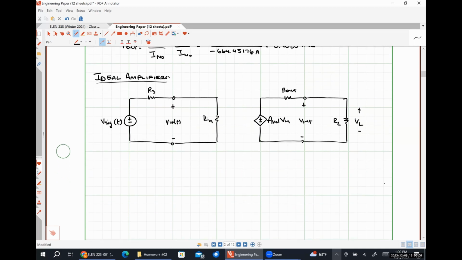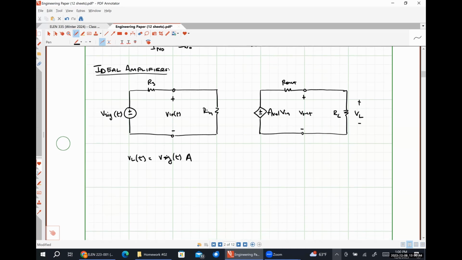And I believe I said something to the effect of, in an ideal case, our load voltage VL would be our signal voltage, V signal, multiplied by the gain of our system. So the whole purpose of the amplifier is to make the voltage drop across our load look like a scaled version of the voltage that we're applying across the whole thing. So now we're going to figure out what actually makes that happen.